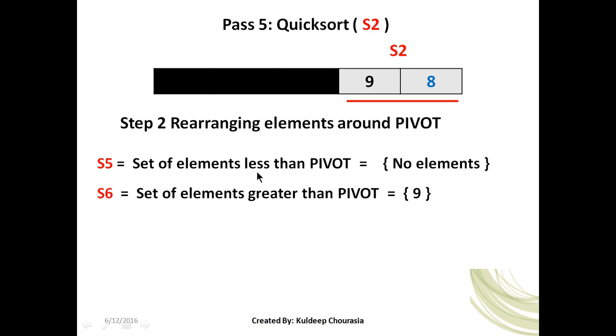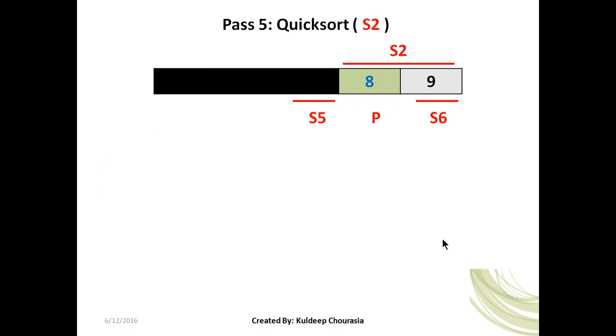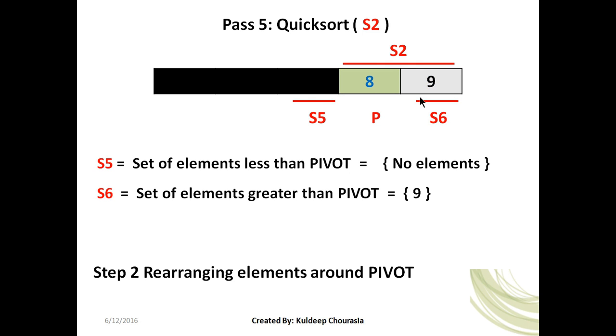S5 is the set of elements less than pivot, so there are no elements. S6 is the set of elements greater than pivot. There is only one element, 9. So now we rearrange. I have put the pivot in the center.